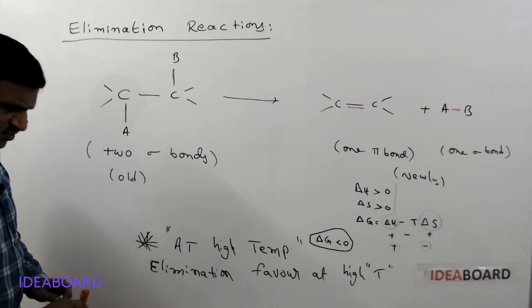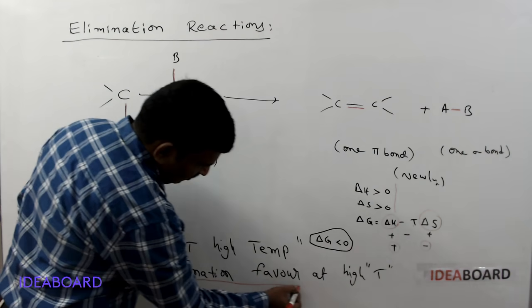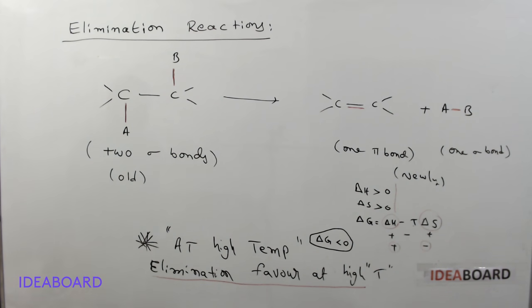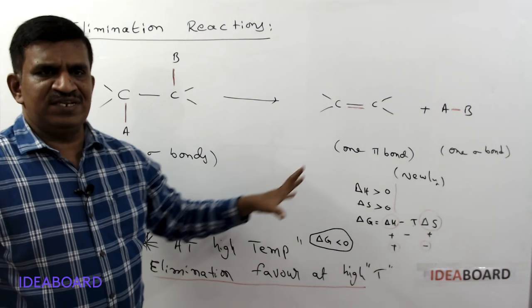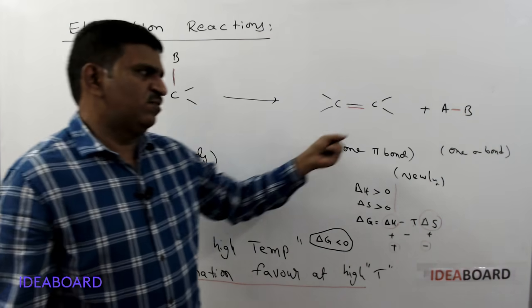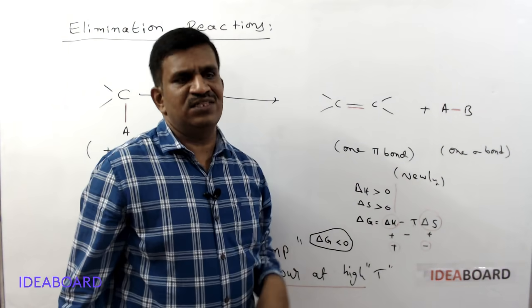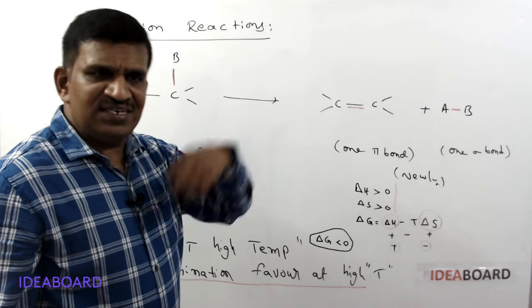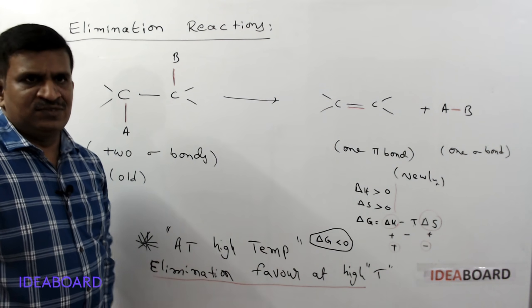So elimination reactions always favor high temperatures. Okay, so in a normal elimination reaction, what is happening? A more stable bond to a less stable bond formation occurs. So delta H and delta S become greater than 0. So for delta G to become negative or less than 0, we need high temperatures.